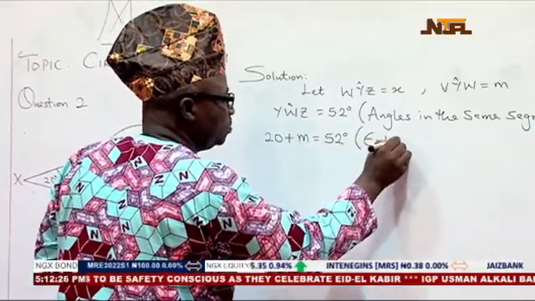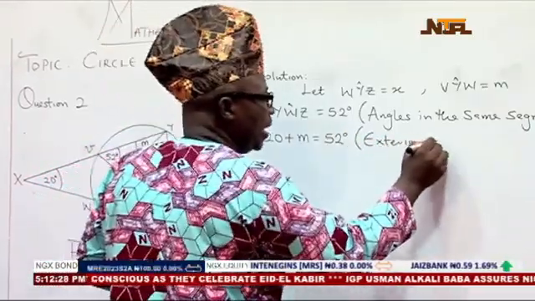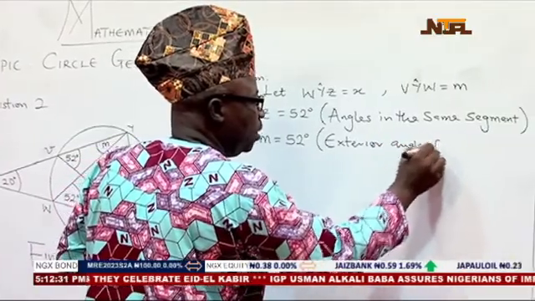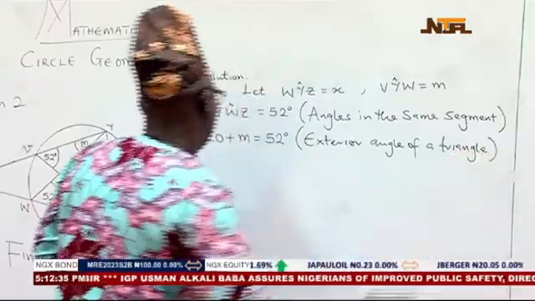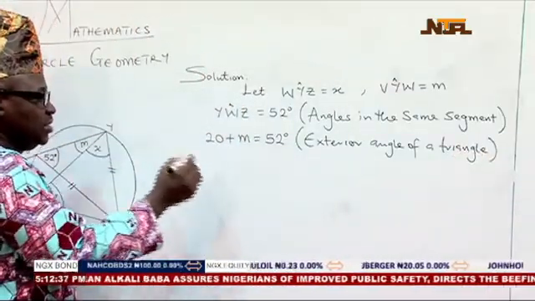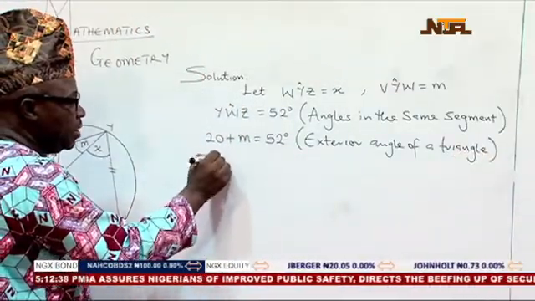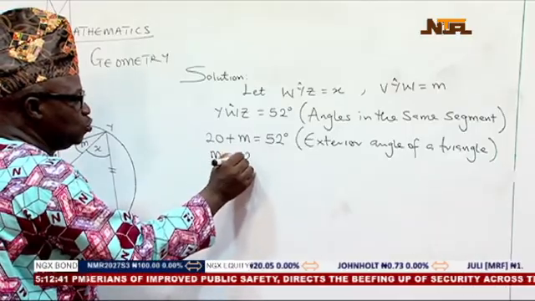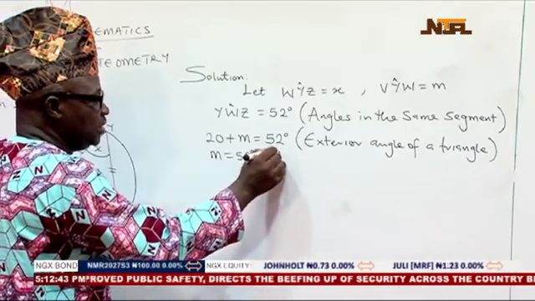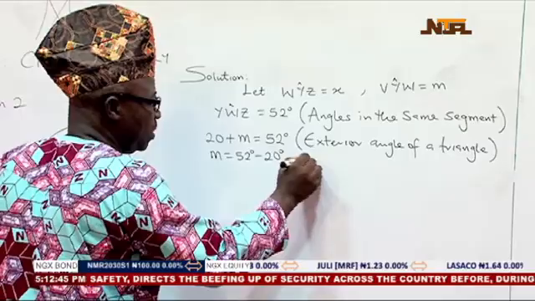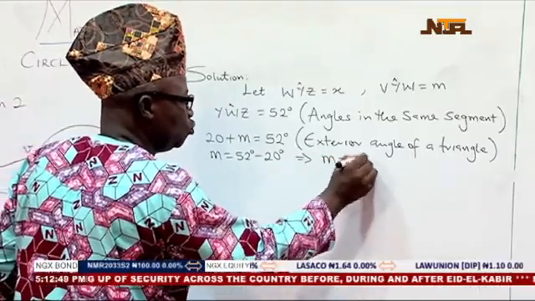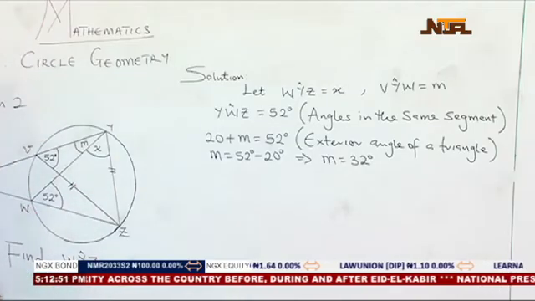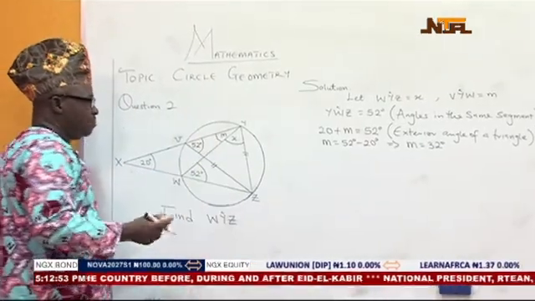Exterior angle of a triangle. So at this point, it's easier for me to find M. M is going to be 52 degrees minus 20 degrees. And that implies that M is going to be 32 degrees. So we've been able to find M now.